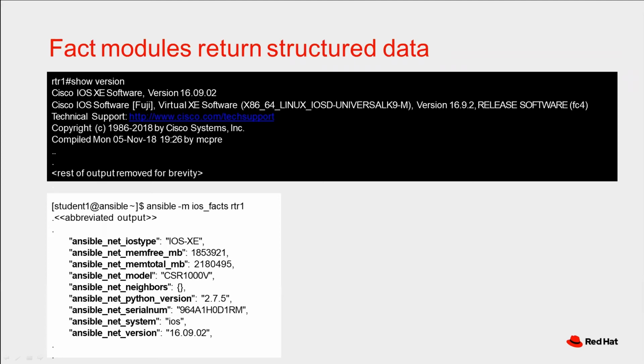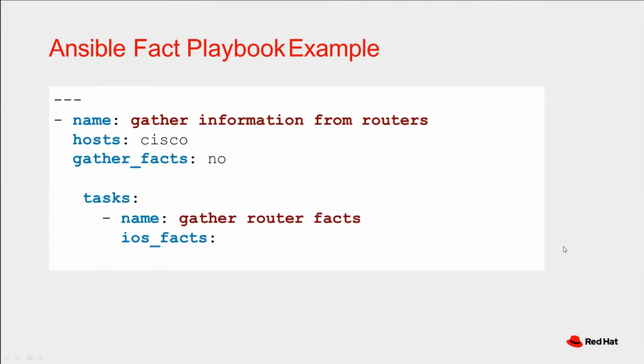So we can have an apples to apples comparison, or we can use the same variable within our playbooks that go across multiple vendors. And so we see that they're all prefixed with ansible_ something, and the amount of information gathered by these facts modules is pretty extensive. It pretty much will gather all the information about that network device.